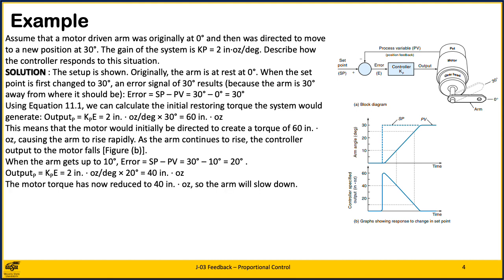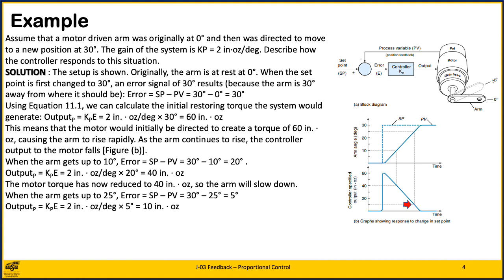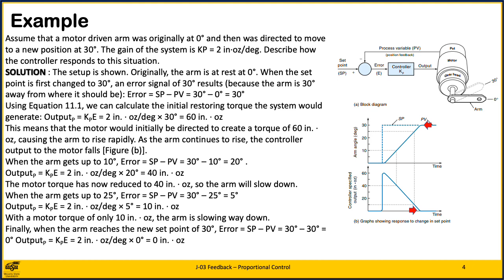The motor torque has now reduced to 40 inch-ounces, so the arm will slow down. When the arm gets up to 25 degrees, the error is equal to 5 degrees. Output P is equal to 2 inch-ounces per degree times 5 degrees, or 10 inch-ounces. With a motor torque of only 10 inch-ounces, the arm is slowing way down.